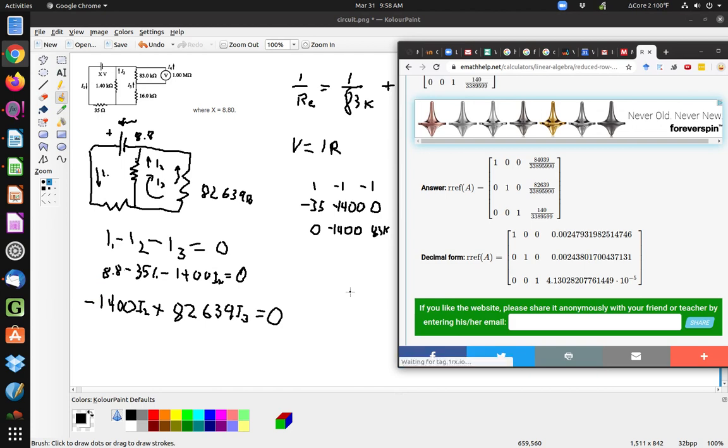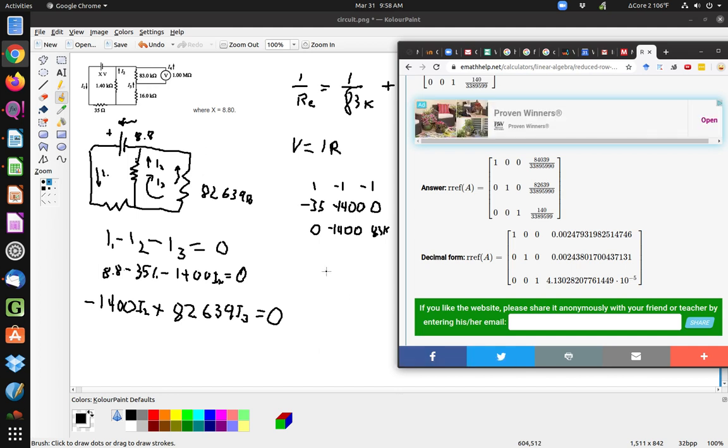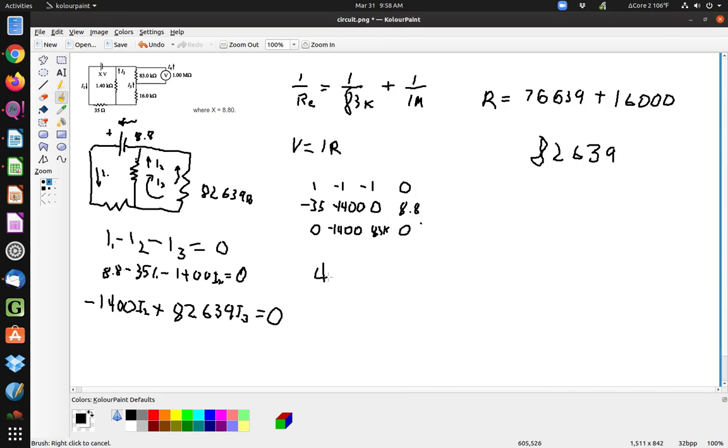Alright, so here's our solution. I3 is equal to 4.13 times 10 to the negative fifth. I3 is really the only one we care about because we're looking for the voltage across the voltmeter. Okay, so I'm going to go ahead and write that down, and then we'll work on solving for that voltage. Okay, so now we have our current.